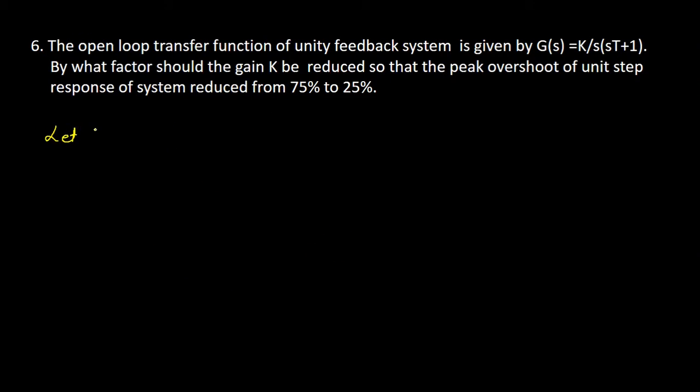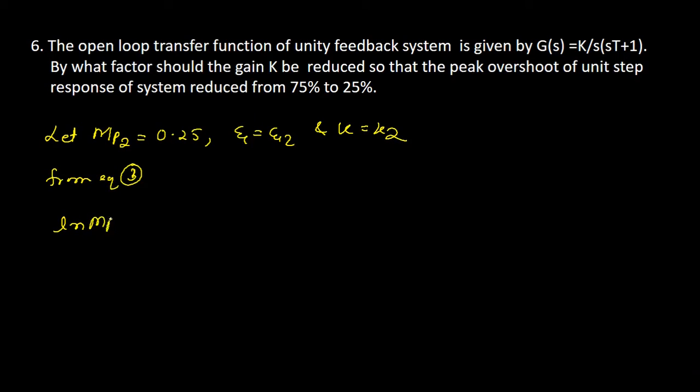Again, let when the maximum overshoot Mp is equal to 0.25, ζ = ζ2 and constant K = K2. Now from equation number 3, (ln Mp2)² will be equal to π² divided by (4K2T − 1). Now we put the value of Mp2 here.